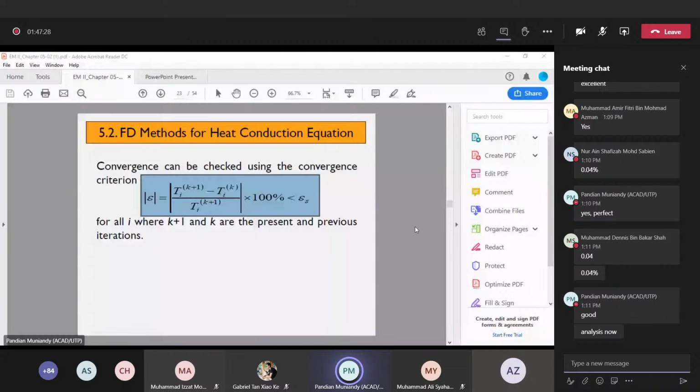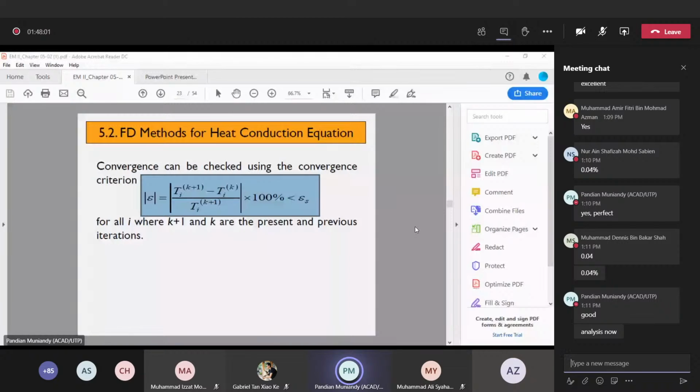T2, 0.1%, it's okay. But T3, 96.12, this is not okay, too high. But T4, 0.04%, this is good. So therefore, class, for this problem, we couldn't obtain T3. The error is too high.